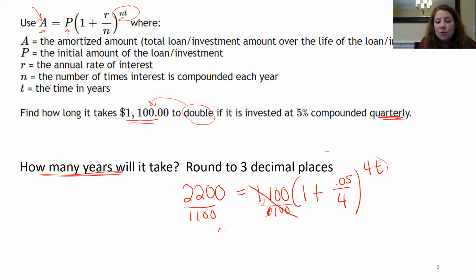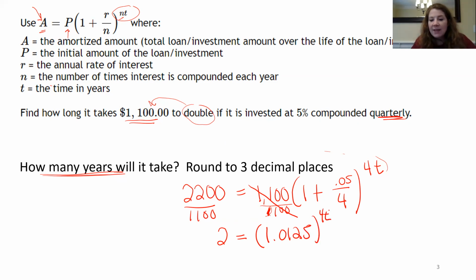Well, that would be 2 is equal to, and then I can put all of this in my calculator. So I'm going to put 1 plus a fraction of 0.05 divided by 4, and that is equal to 1.0125 raised to the 4t power.